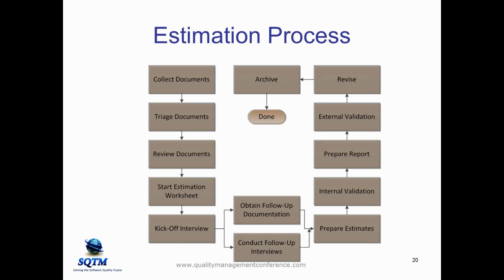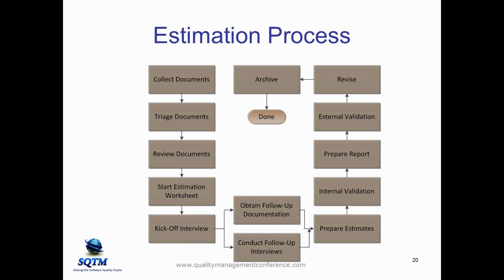So this is the final overview of what we do. Like we talked about earlier, we collect documents, triage the documents, review them, start the worksheet, kick off, and so on. Then we prepare our estimate. We would normally do some kind of internal validation process, among the estimation team or perhaps by talking to some of the technical folks.